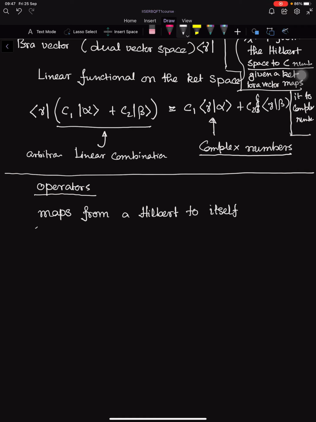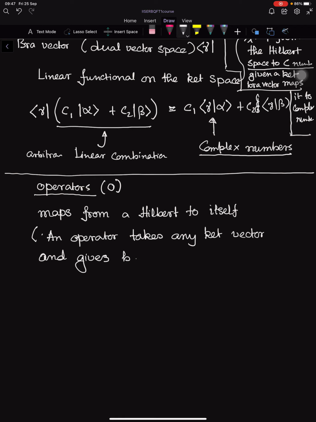So that means that if I define an operator O, then an operator takes any ket vector and gives back another ket vector.